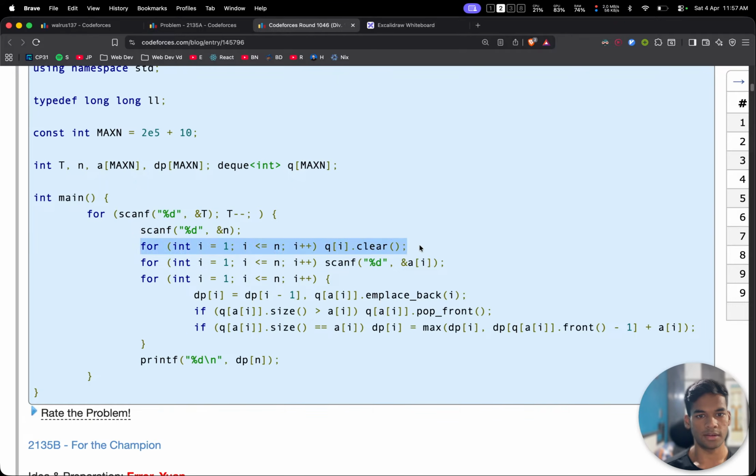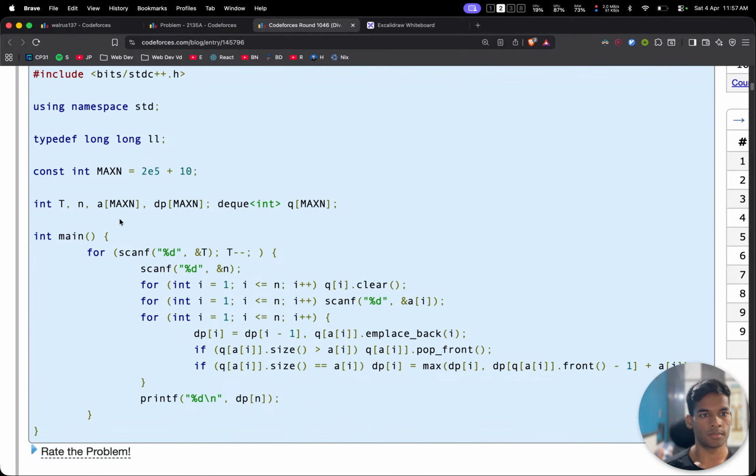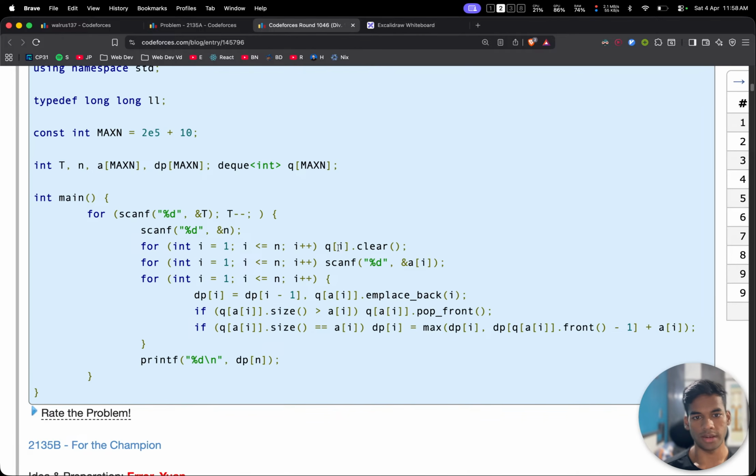Take an n, fill up q, q type dq of integers, size maximum, max value of n, and q[i].clear().